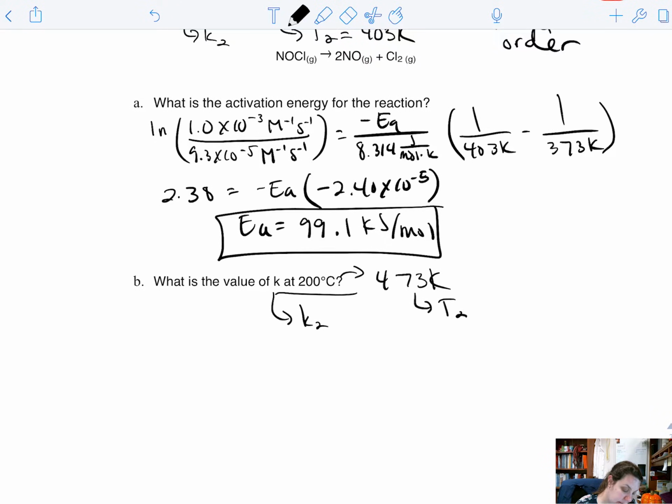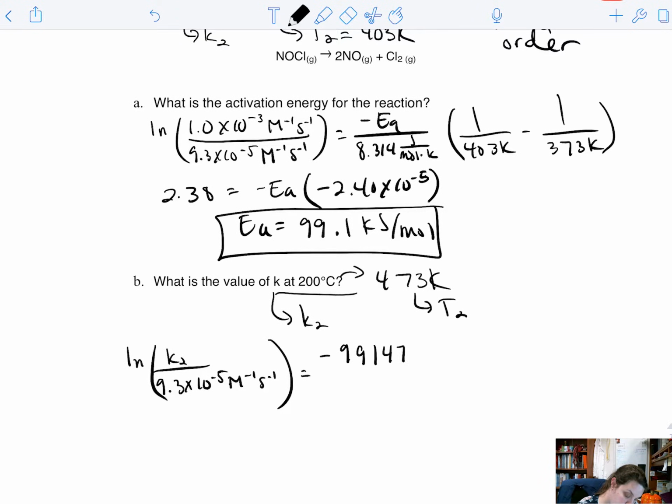We'll call this T2, and I'm just going to use my initial T1 and K1. I need to put this back into joules per mole, my EA.